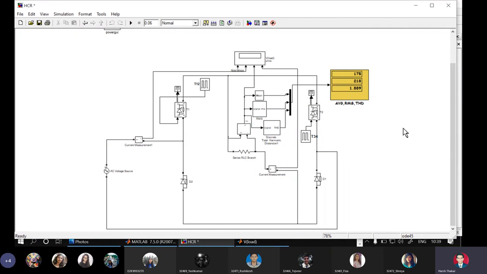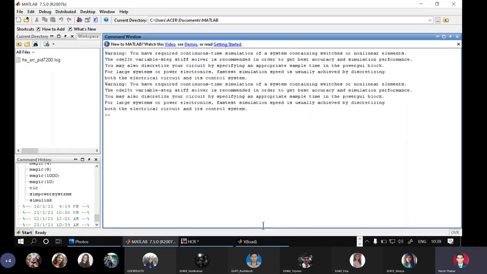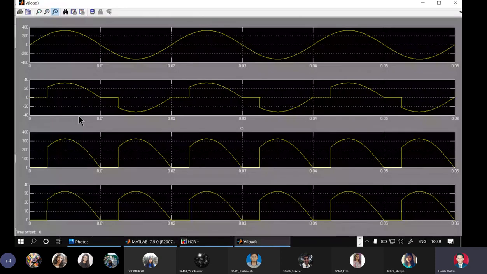So if the peak value of voltage is 326 volts, then the peak value of current will occur at omega t equal to pi by 2 radians. That is, IL max is equal to VL max upon R, equal to 326 upon 10, 32.6. We can see that here in the simulation also. So here the peak is 326 and here it is 32.6. It's somewhere between 30 and 35.